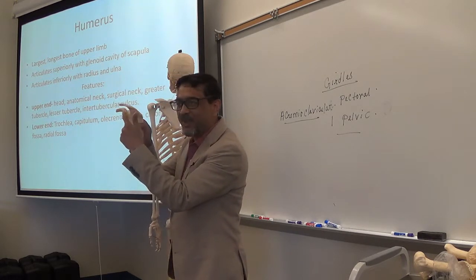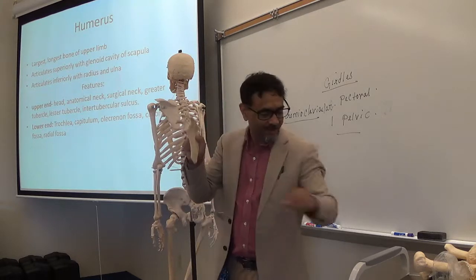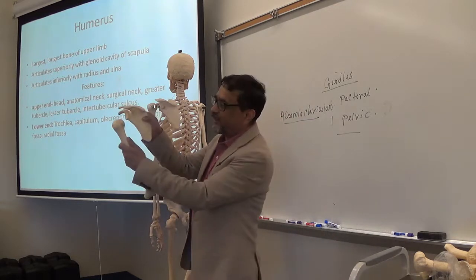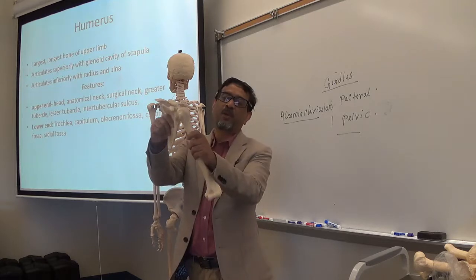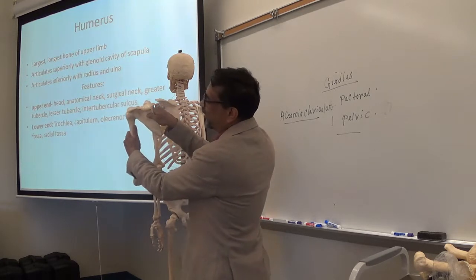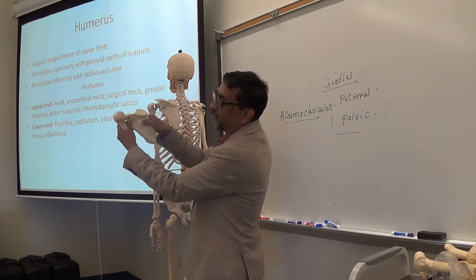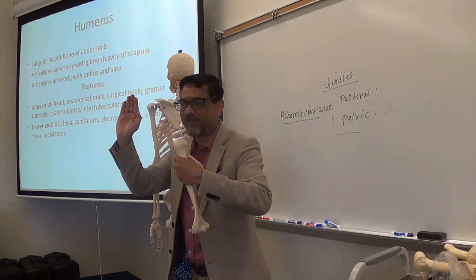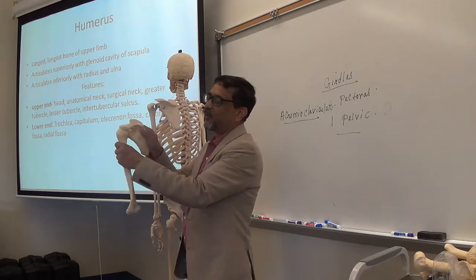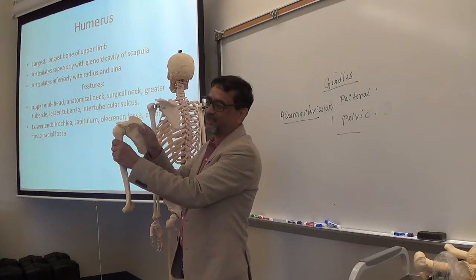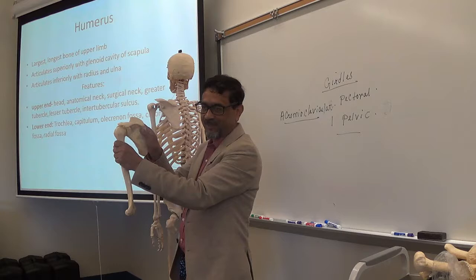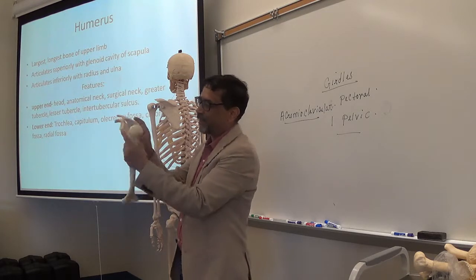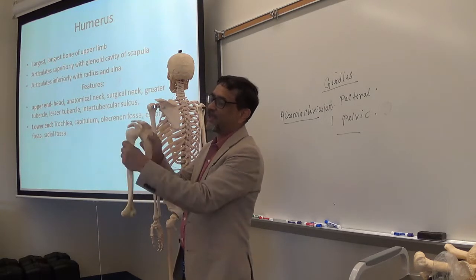It is shallow, flat. So the head forms the shoulder joint here, but the head doesn't really go inside it because it is flat, not deep. So loosely attached here, not secured strongly.